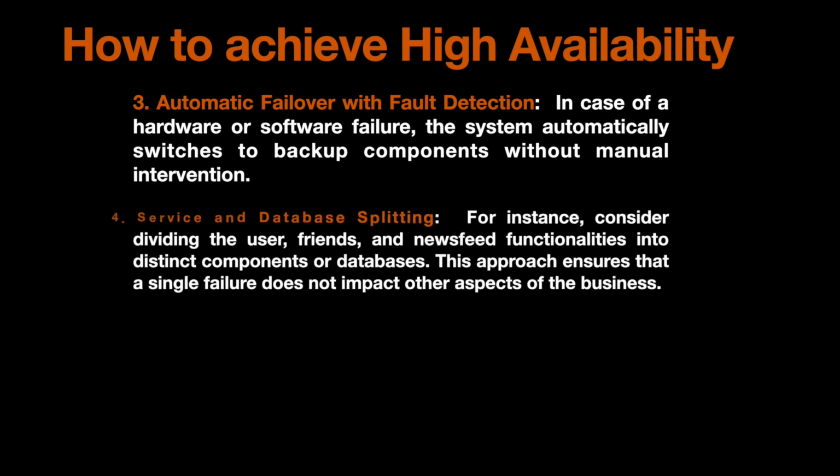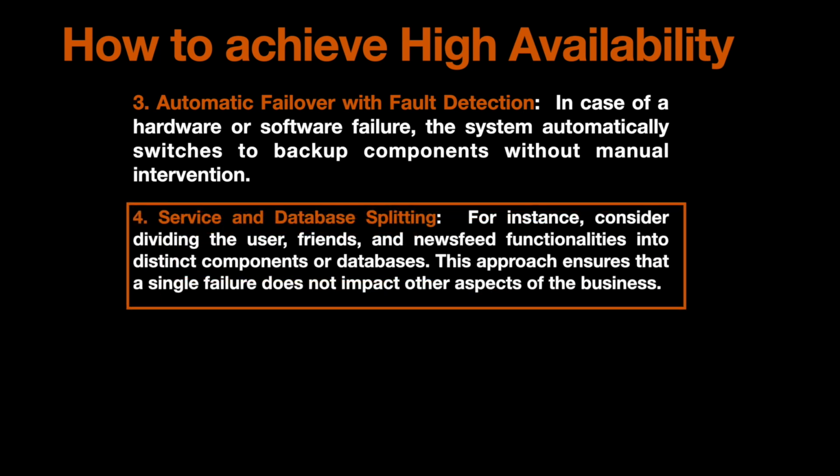Number 4, service and database splitting. For services and databases, we should always try to move away from monolithic architecture, right? Say for example, we have one big giant database where we have all the data for user, friends, and newsfeed functionalities.